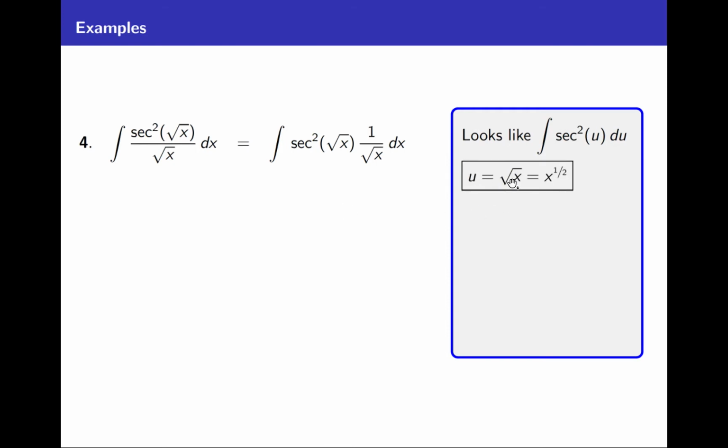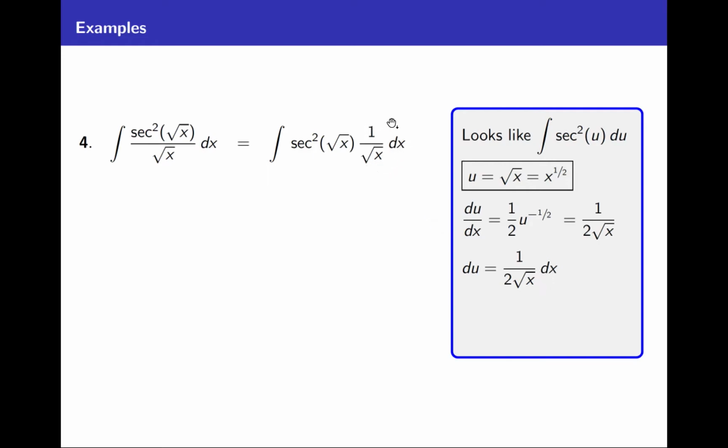So u is the square root of x, which is x to the 1/2. Let's compute du dx. You get 1/2 x to the minus 1/2, or 1 over 2 square root of x. Multiply both sides by dx. We get du equals 1 over 2 square root of x dx.